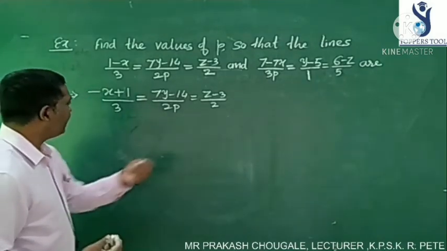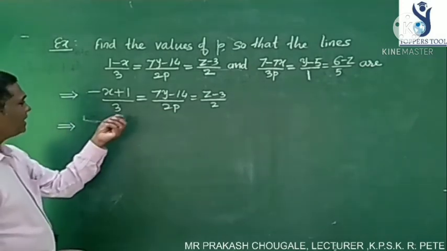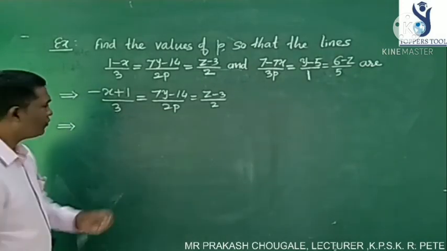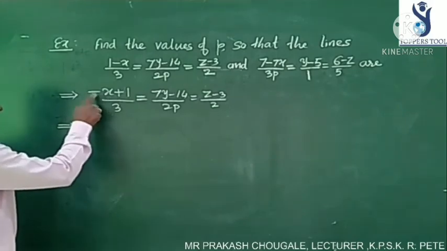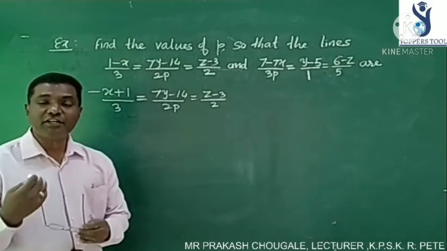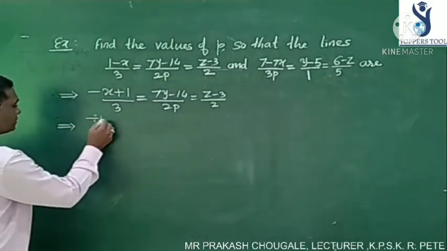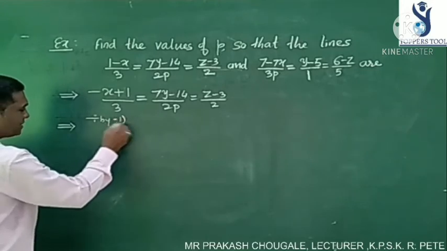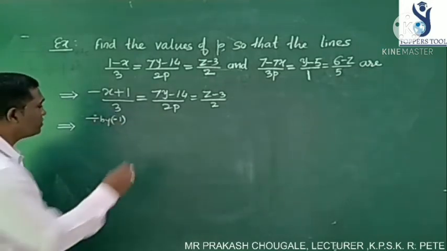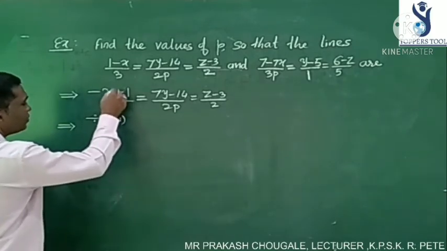Next, try to make the coefficients of x, y, z as 1. So here the coefficient of x is minus 1. So divide both numerator and denominator by minus 1.